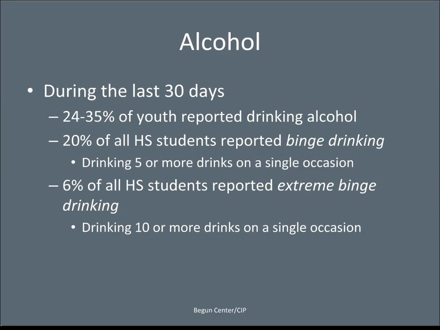And so when we say youth, we're combining, looking at basically all high school students. 20% of all high school students reported binge drinking. 20%, and again, this is at the lowest levels they have been in a really long time. 1 in 5 drinking 5 or more drinks on a single occasion.